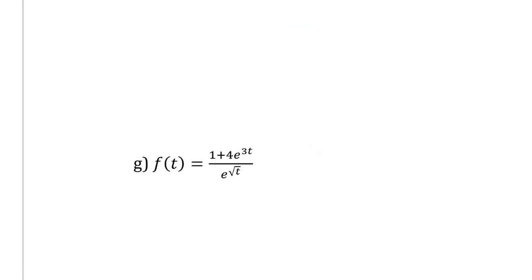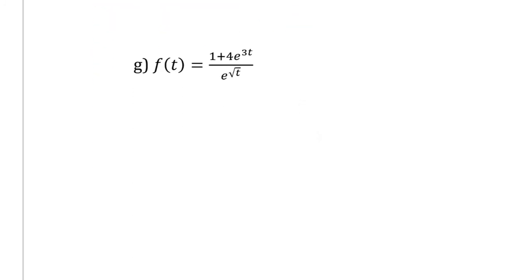Okay, let's see, one more, then we're going to try something different. And this is the derivative with respect to t, because it's f at t, functions in terms of t. And that means this is quotient rule. Okay, so f prime at t is the derivative of the top.